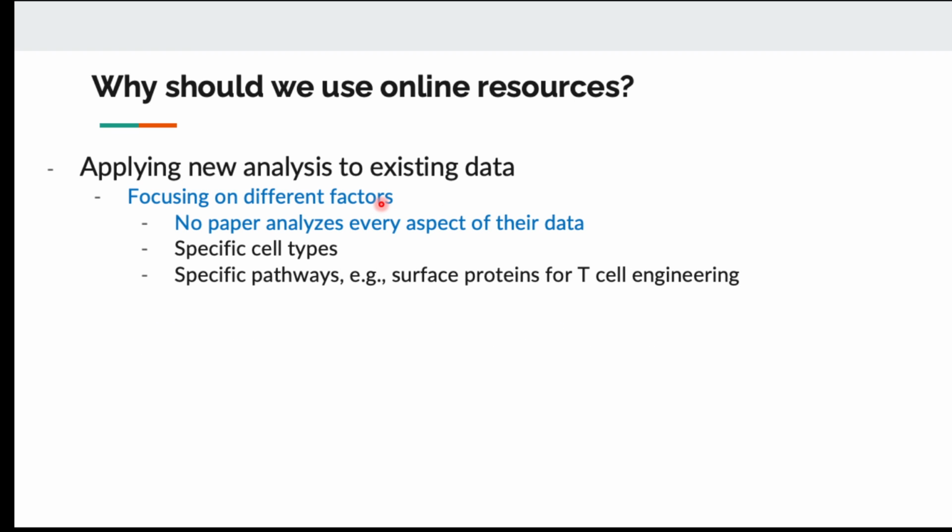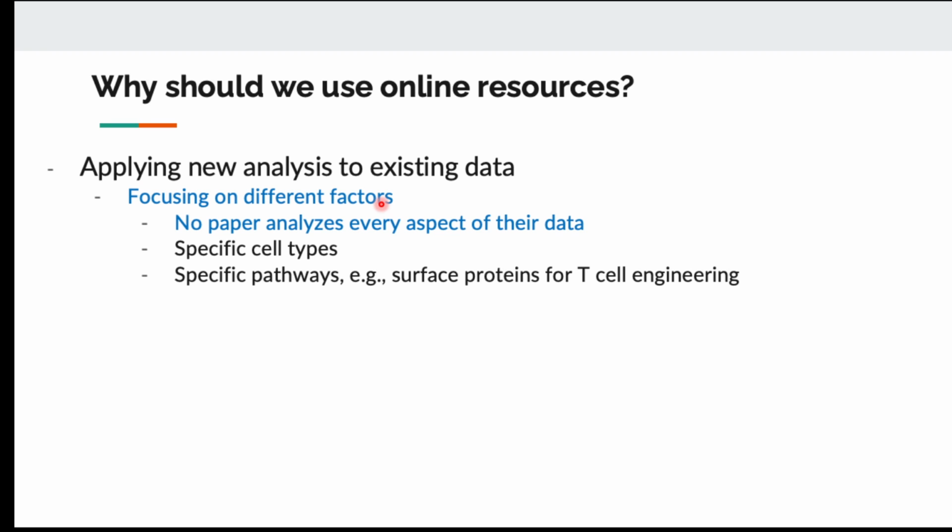Let's skip some of these examples. In other cases, if you are more of a computational person, you might want to explore existing datasets, like large omics cohorts, and come into those datasets with a different idea, because not every paper is able to analyze everything about that data.